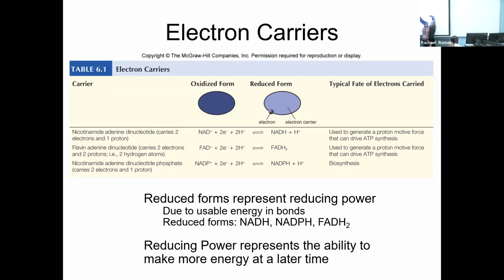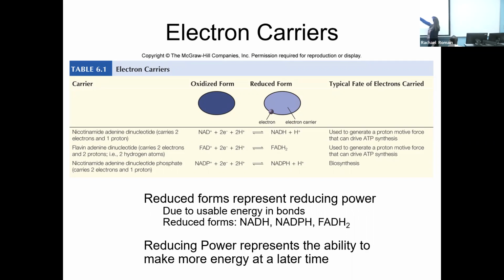NADH is your reduced form. Anytime you see the H on the end, H stands for hydrogen, 1 proton, 1 electron, because it's added on to the end of this, that is the reduced form. That is the, I'm in the Uber and I got the electrons form, okay?